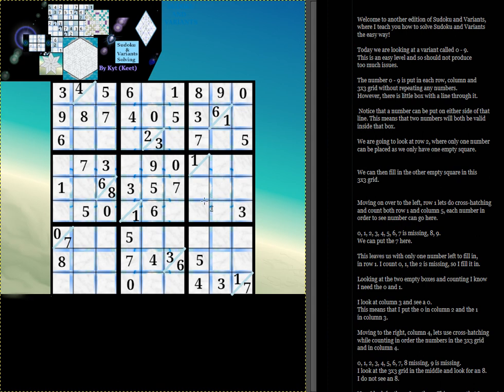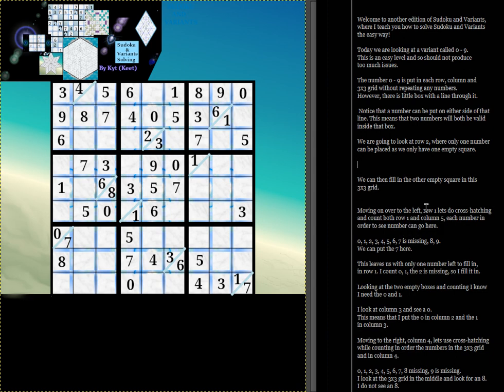We are going to look at row 2, where only one number can be placed as we only have one empty square. Count. 0, 1, 2 is missing, and we fill in the 2.